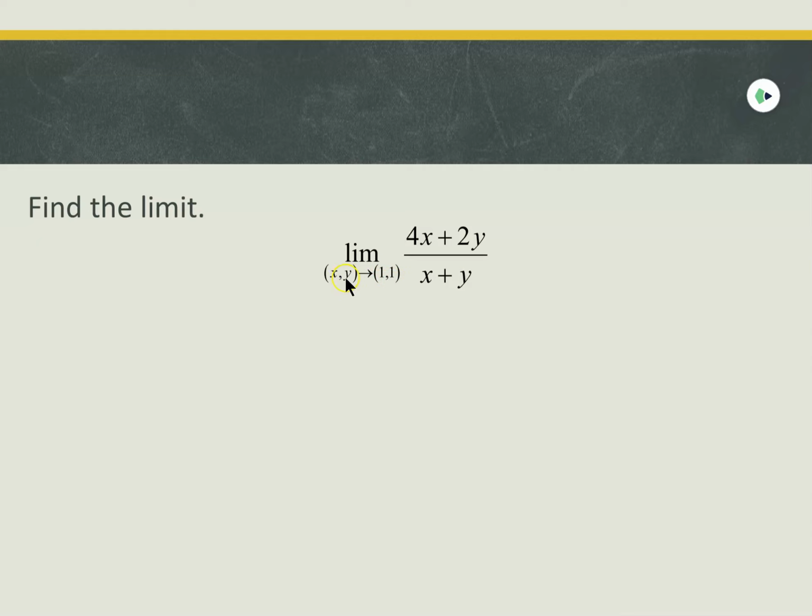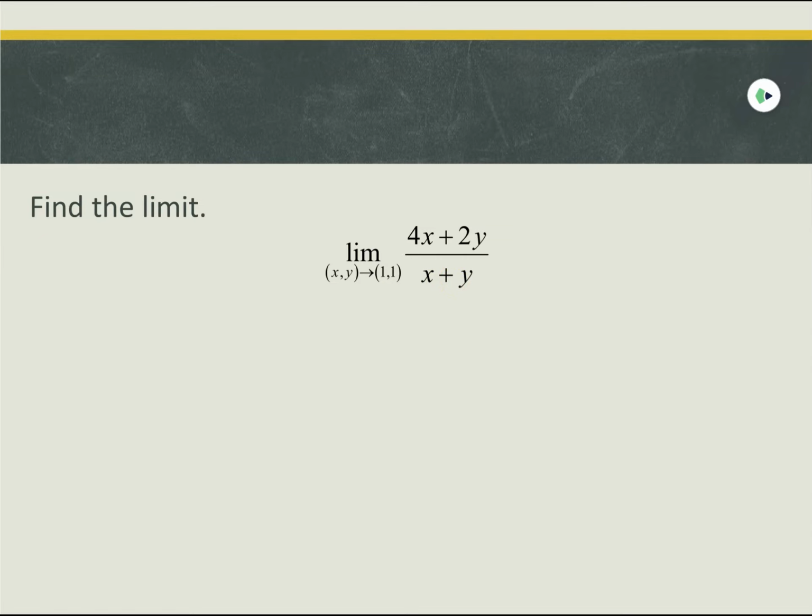Now, fortunately, as xy is approaching 1, 1, both of those are positive values. So as those x and y values get closer to 1, 1, this sum will remain a positive number. So this should be fairly straightforward.